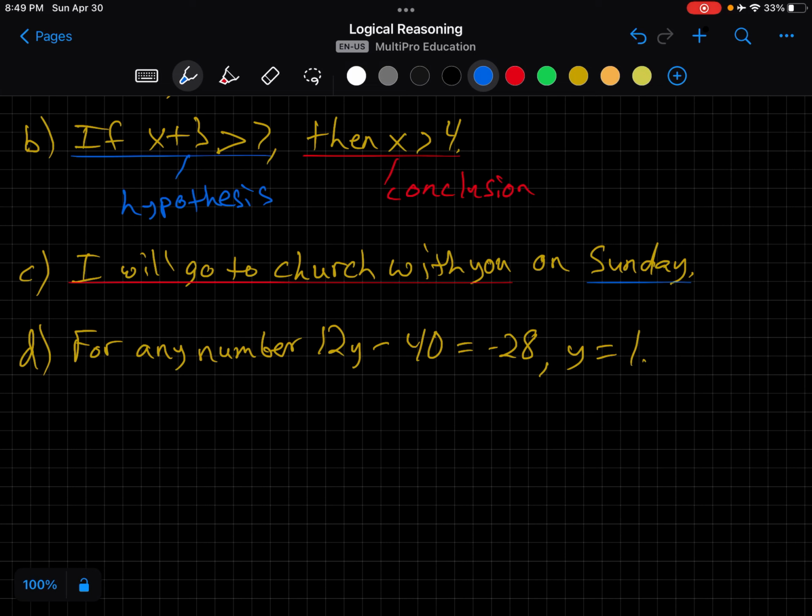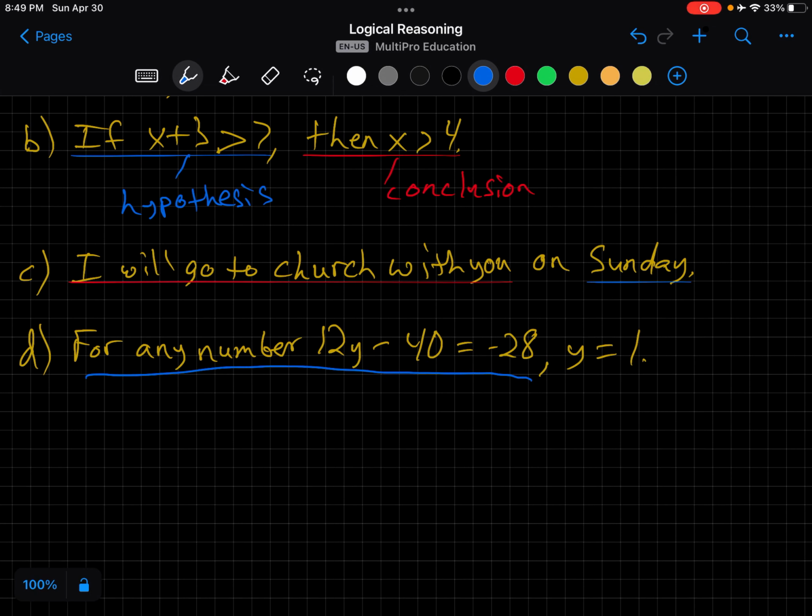Let's let you guess. You tell me. If you said for any number 12y minus 40 is equal to minus 28, you're right. That would be the hypothesis. And what would be the conclusion? What happens if this is the case? y is equal to 1. You're right.